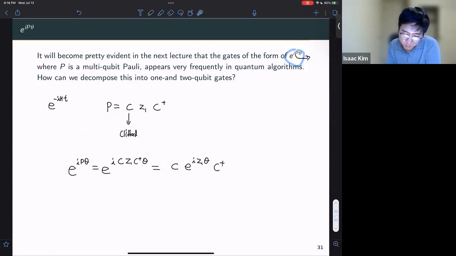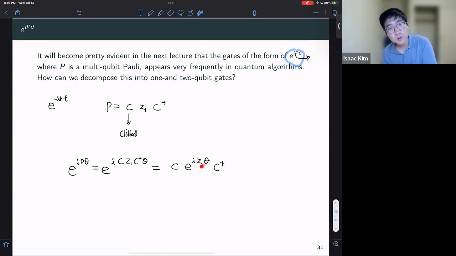So what you can do is, you can ask me how, but given a Clifford unitary, there is a very straightforward algorithm that tells you how to decompose it into 1 and 2 qubit gates. If you have n qubits, the number of 1 and 2 qubit gates to implement this particular C, not an arbitrary Clifford, but this particular C, can be made to be at most linear in the number of qubits.